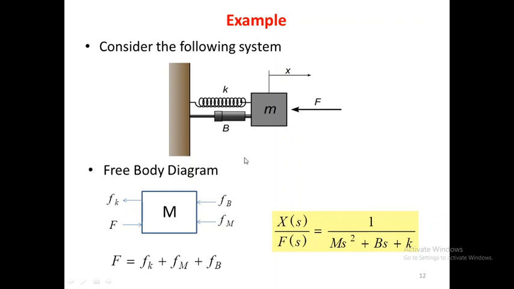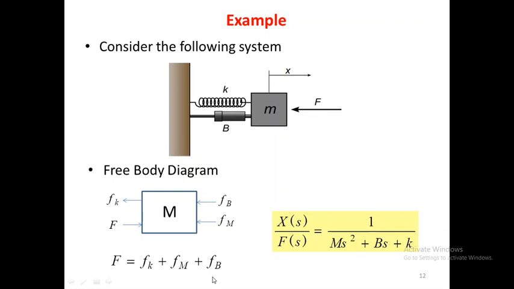Whenever we solve such a problem, to draw an equivalent diagram, we must first draw the free body diagram. So free body diagram means what? Here the mass, then the forces are shown in the diagram like this. The total force is the force of spring plus force of mass plus force of damper.